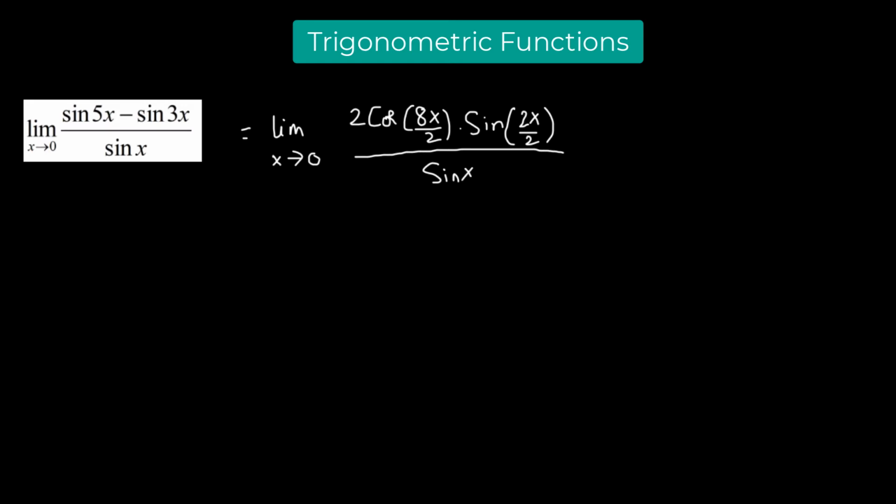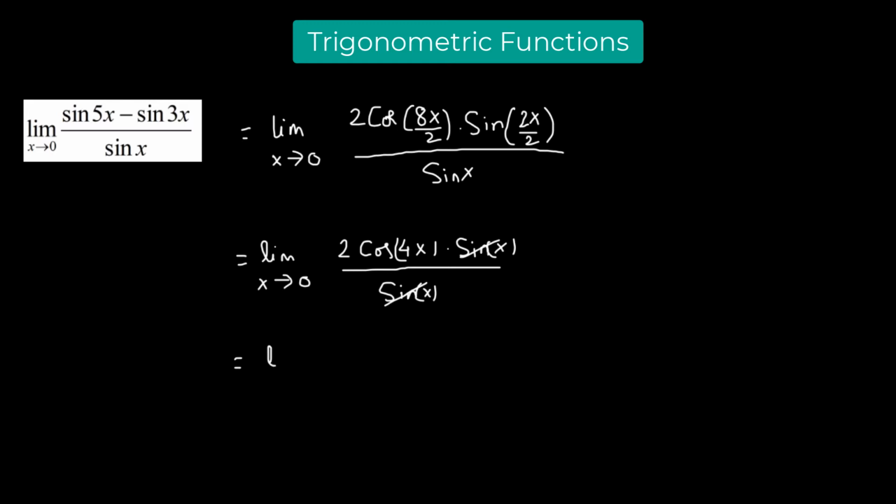So which will be equal to the limit as x approaches 0 of 2 times cos of 4x multiplied by sin x divided by sin x. So the sin x gets cancelled from both the numerator and the denominator, and that leaves us with 2 times the cos of 4x.